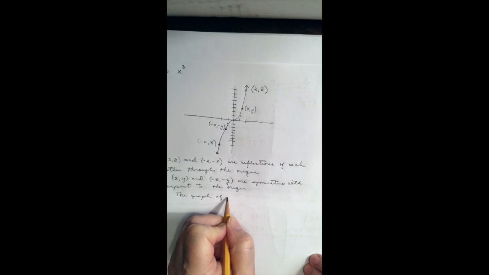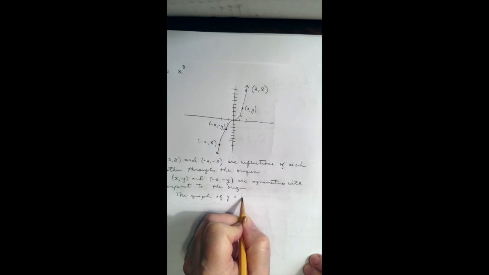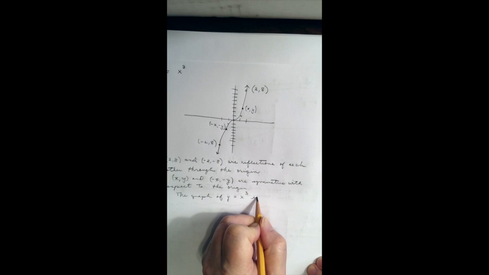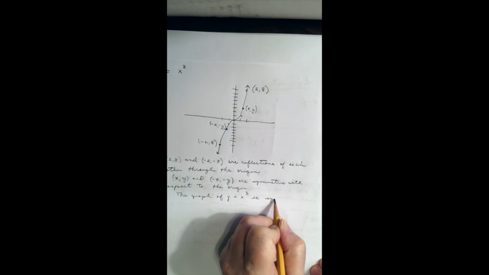And so we could say the graph of y equal to x cubed is symmetric with respect to the origin.